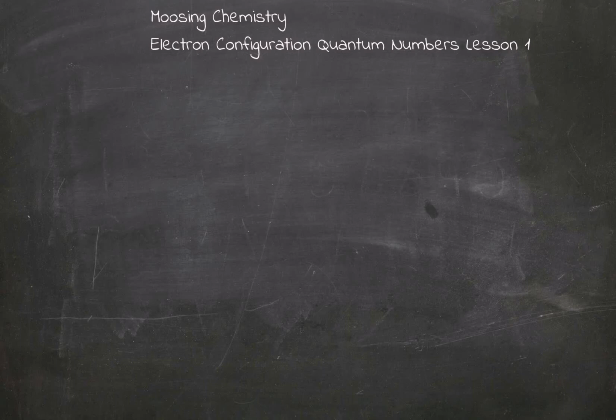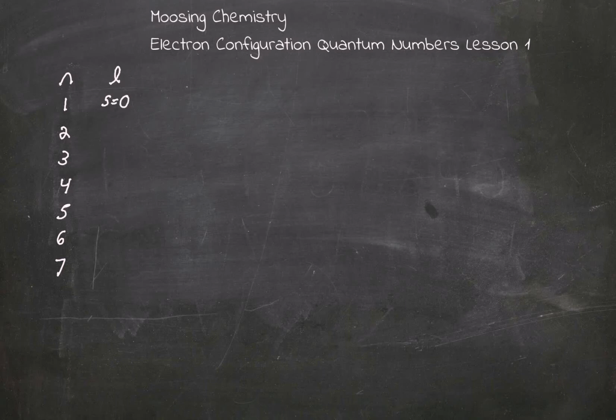Let's start off with the principal quantum number. That's N, so it's going to be 1, 2, 3, 4, 5, 6, and 7. The next one is the angular momentum number. If you're an S block element, your value is 0.